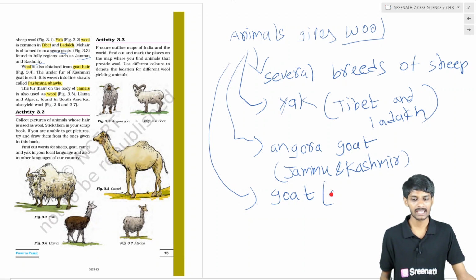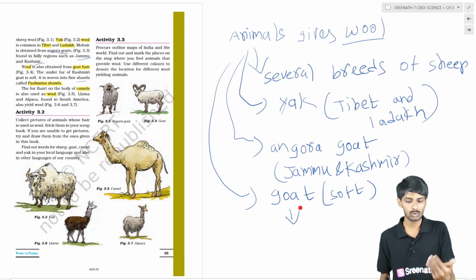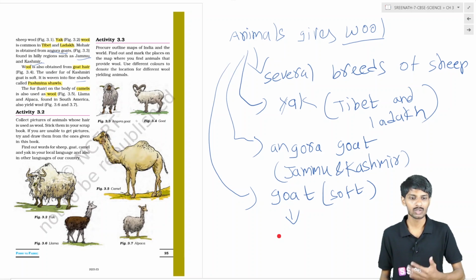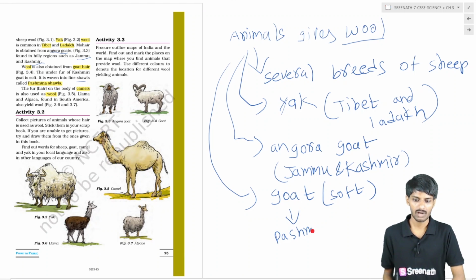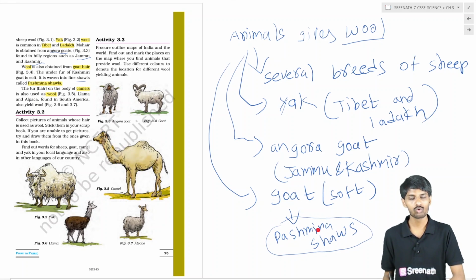This goat hair is very soft, and we can weave goat hair or goat wool into fine shawls. What are the shawls? That is the Pashmina shawls. We can weave these shawls using goat wool.